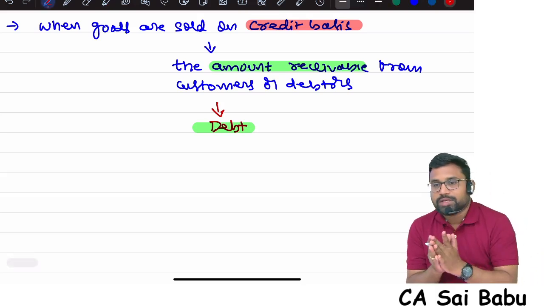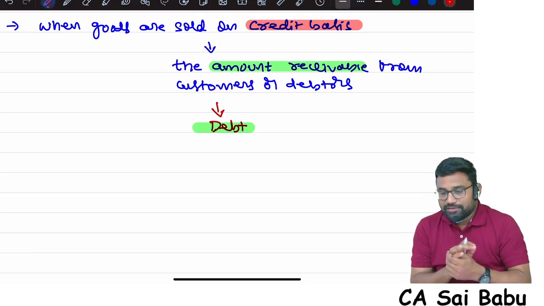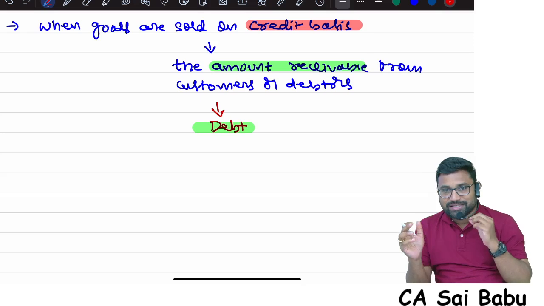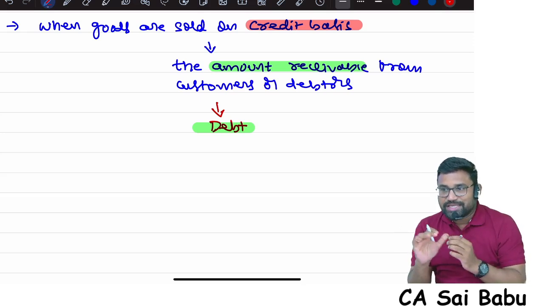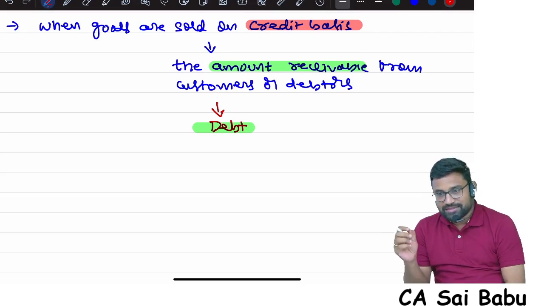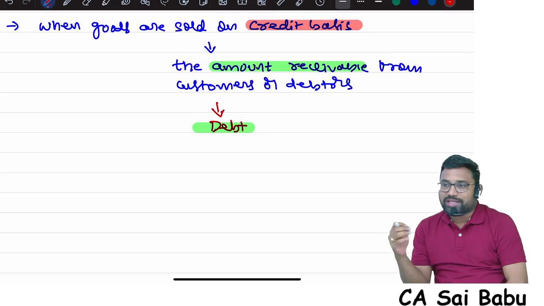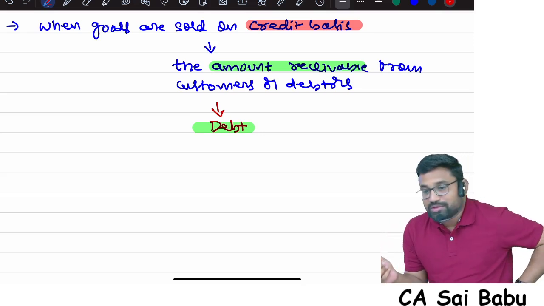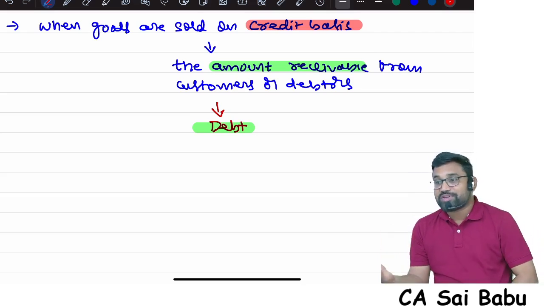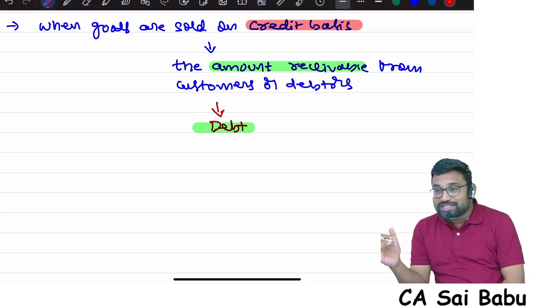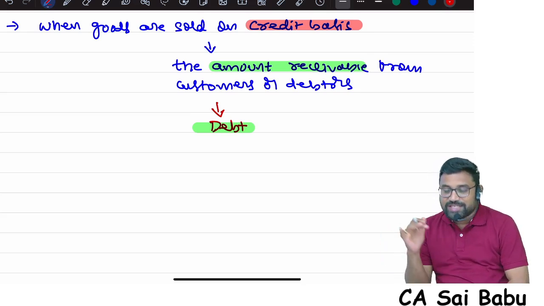Now tell me, when any amount is receivable from anybody, is there any risk here? Definitely the risk is there. Some parties will pay the amount, some parties will not pay. Some parties, even though they want to pay, become insolvent and are unable to pay. So there is a lot of risk in respect of these debts.